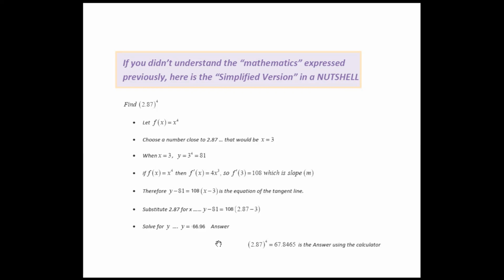You might say that's not close, and you're right, it's not. 2.87 is not really close to 3, and you're also raising it to the fourth power.